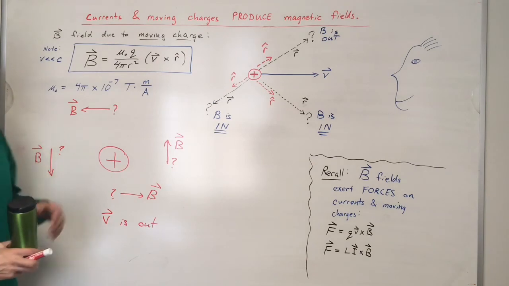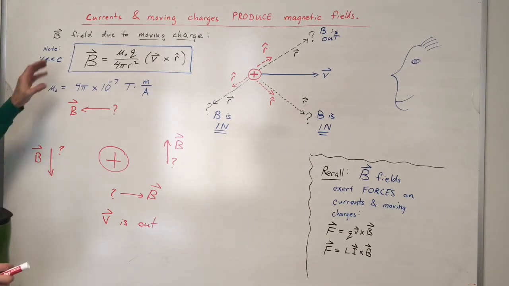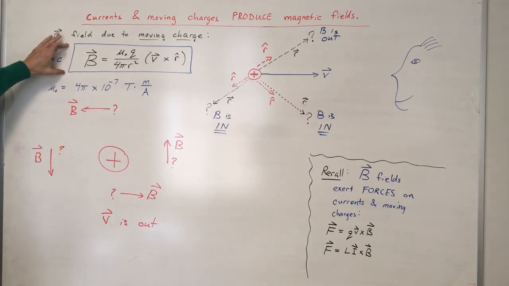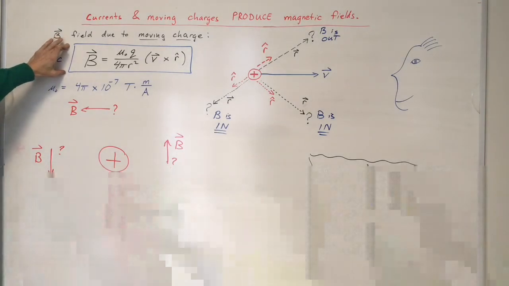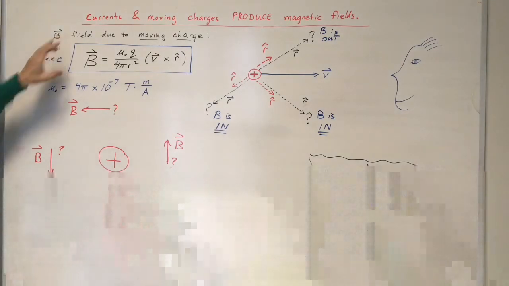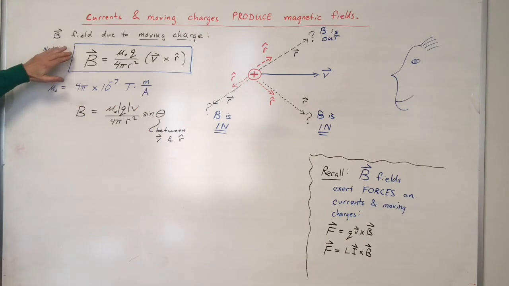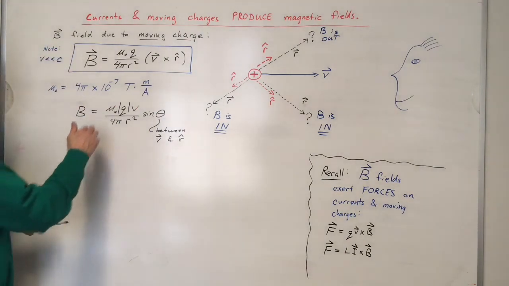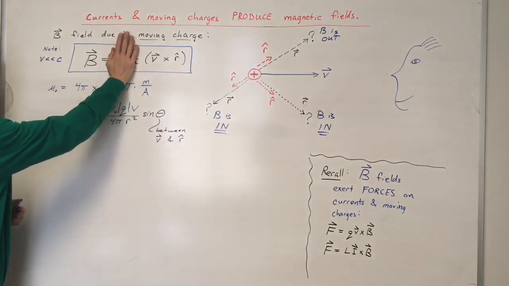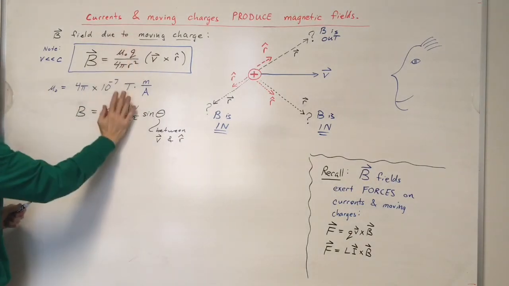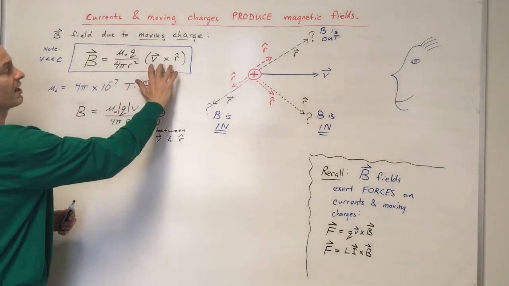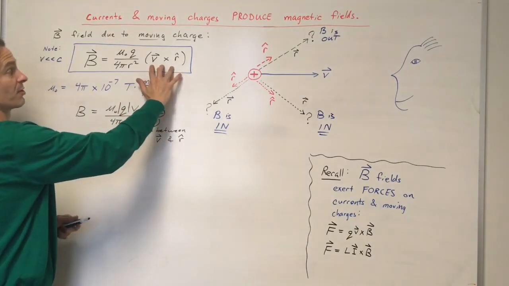All right, so I'm going to write down the magnitude of this expression, and then I'll consider the case of a current, which is very similar. To get the magnitude of this cross product, we take the absolute value of all the scalars out in front, and then we take the magnitude of this cross product here.